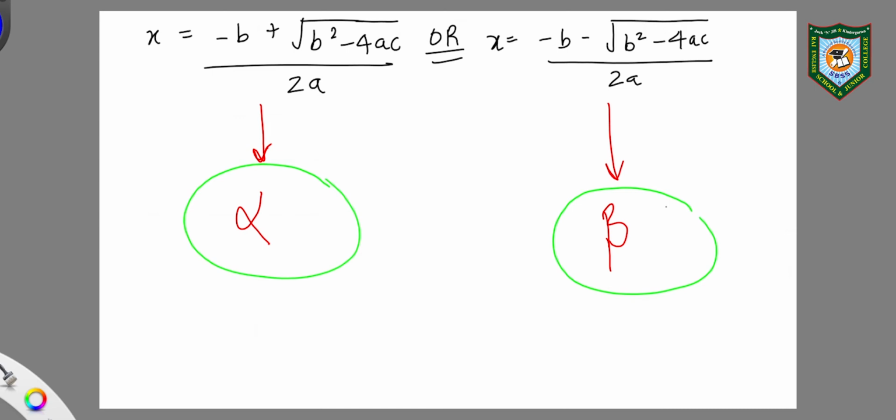So now we are going to see the relation between alpha, beta and the coefficients in a quadratic equation. The coefficients meaning that we have to find the relation between alpha comma beta and a comma b comma c. That means we are trying to interlink these set of terms.